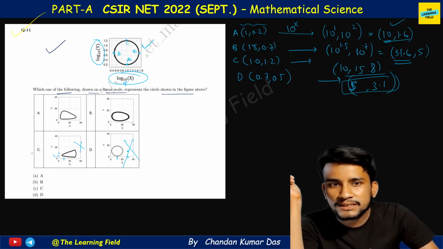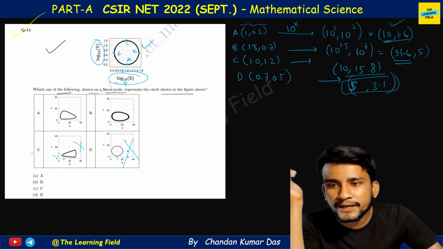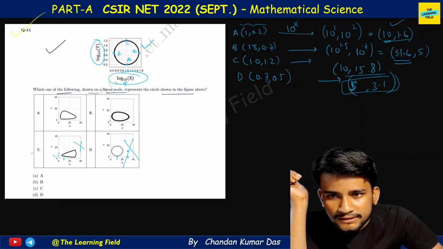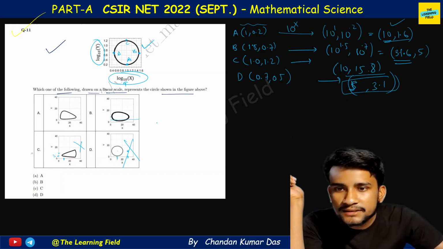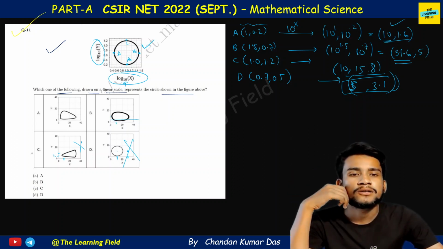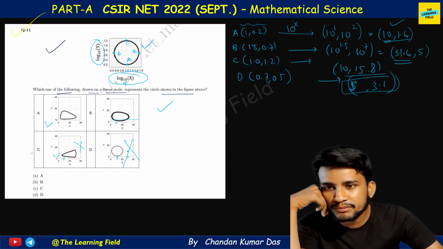Now if we see these 2 points again, 10, 1.6 and 10, 15.8, this is the line 10, and this is the line 5. You can think, so 10 and 1.6 means this can be possible and this can be possible.